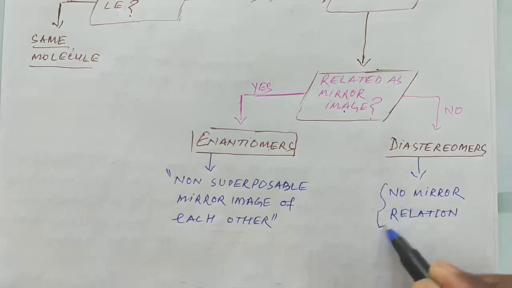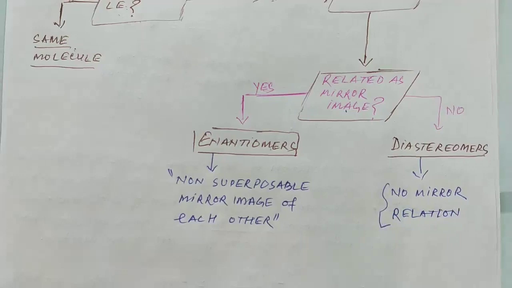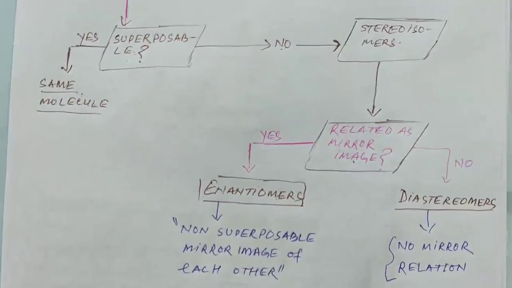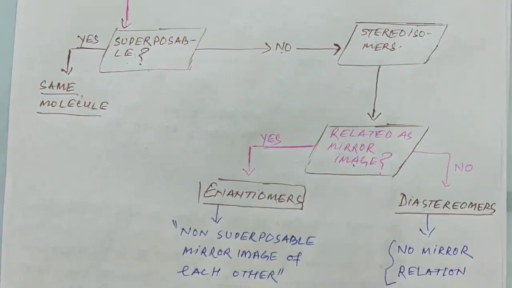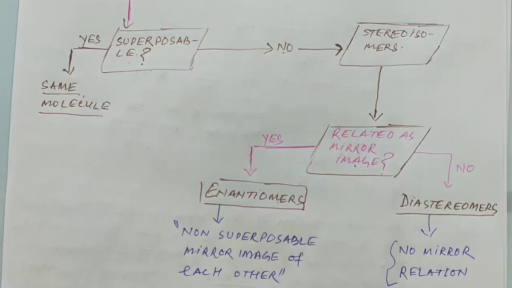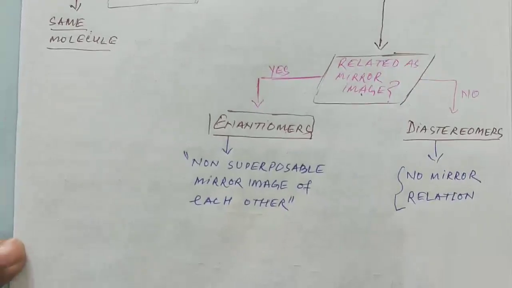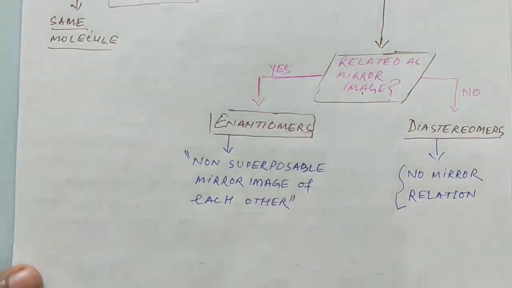No mirror relation. But remember, diastereomers are also a kind of stereoisomers because they are part of stereoisomers. You cannot say diastereomers are not stereoisomers. So diastereomers are non-mirror images of each other. Enantiomers are non-superimposable mirror images of each other. So now you have two terms, enantiomers and diastereomers.